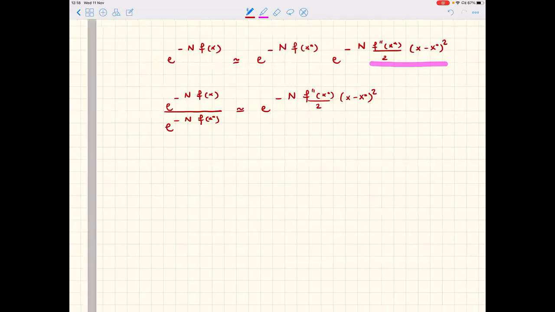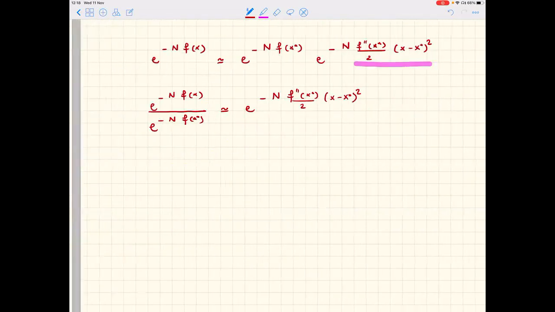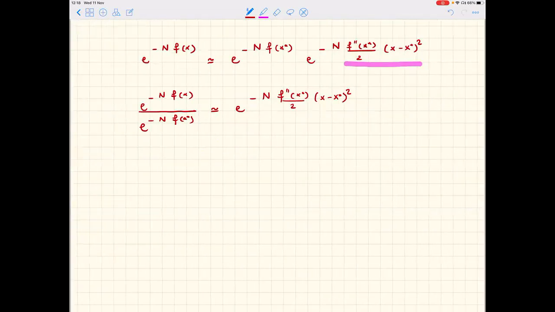So in other words, this probability distribution has this maximum value, and all values away from the maximum are exponentially smaller than the maximum. It's essentially a highly peaked probability distribution. In practice, it's a very nice Gaussian with a width that scales like 1 over square root of n, as I mentioned before.